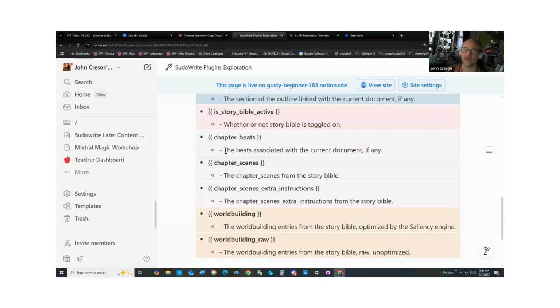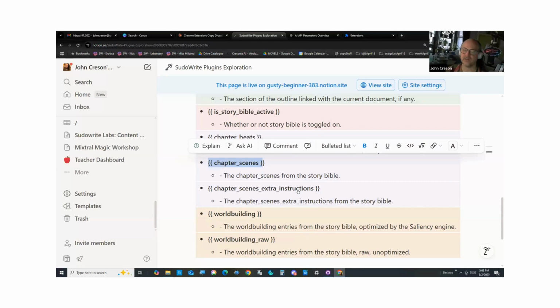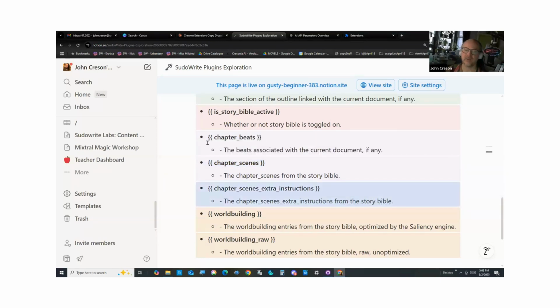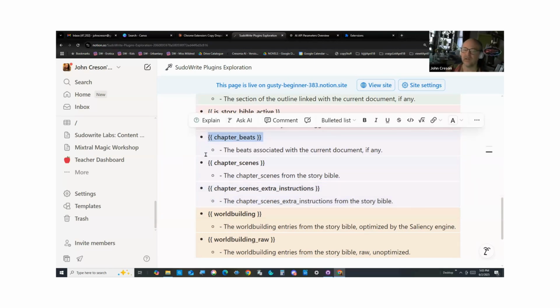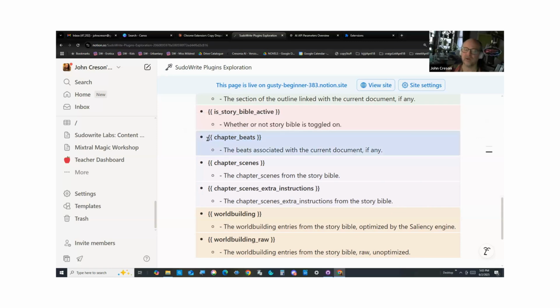And then this is new, which is chapter scenes extra instructions. And this one's called chapter beats. I don't know if it was called chapter beats before. I think it was just called beats. But this allows you to work with beats or scenes, and also gives you access to the chapter scenes extra instructions that people work with.